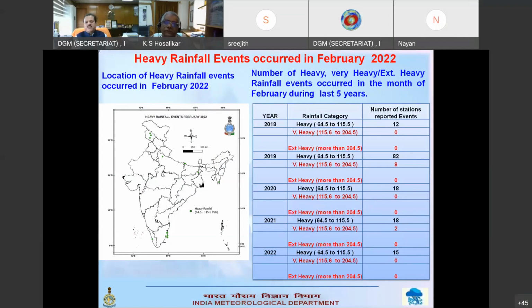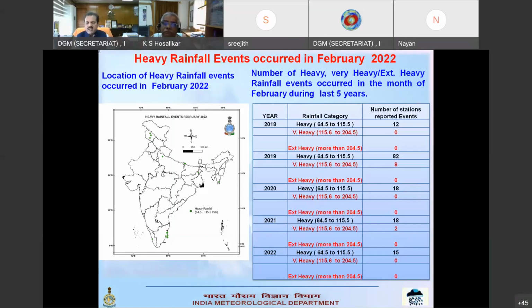But this year, if I compare, there was no very heavy rainfall or extremely heavy rainfall activity during February 2022. If I compare the previous years, very heavy rainfall occurred in 2021 and in 2019. So in 2022, there was none, as against 2019 and 2021.